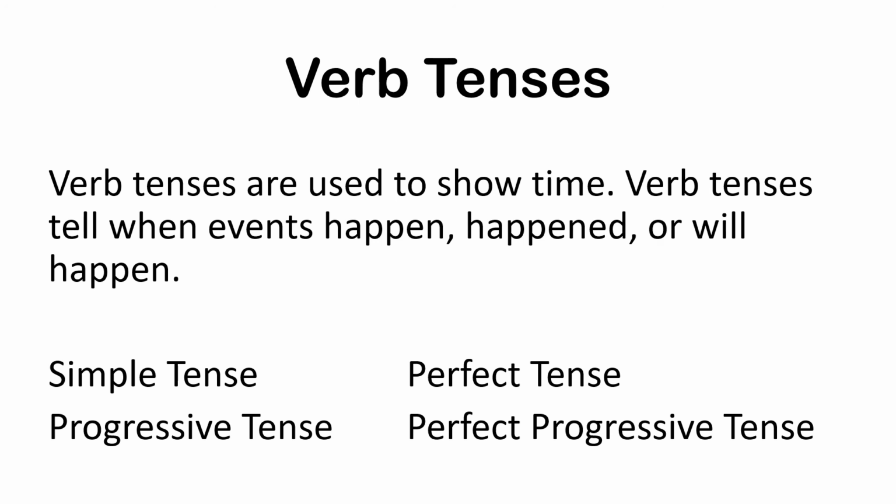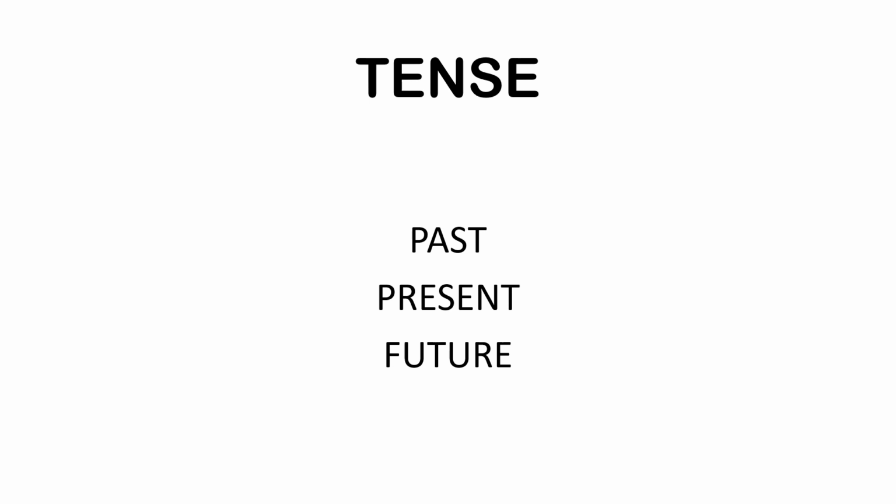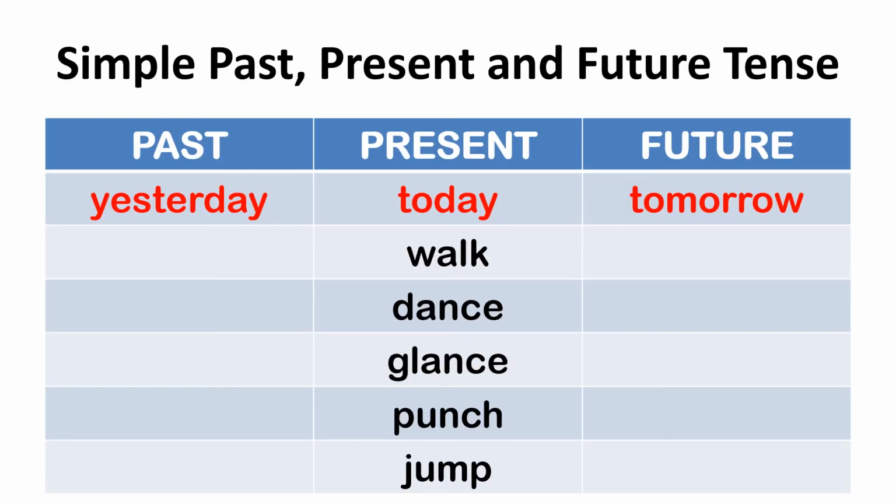We have simple tense, perfect tense, progressive tense, and perfect progressive tense. Each tenses have past, present, and future. Before we proceed to the sample sentences, let us take first this activity.